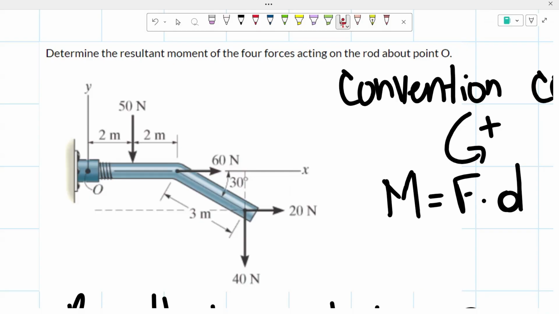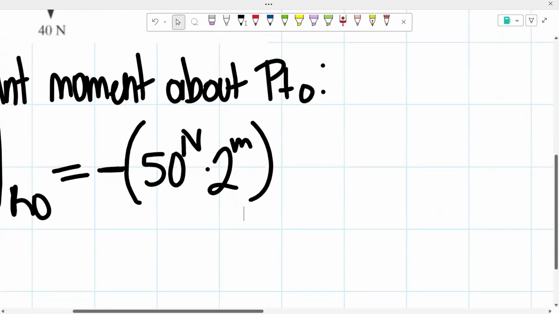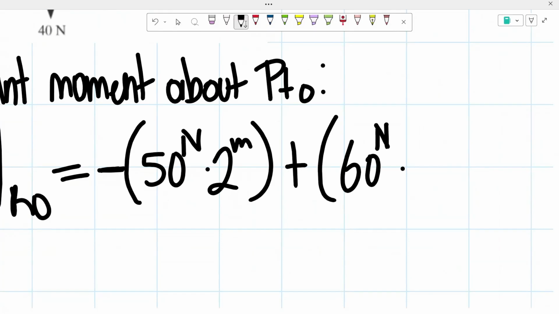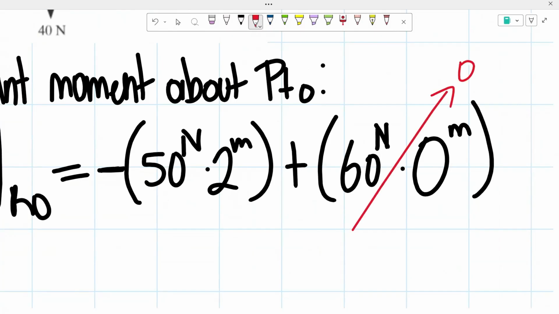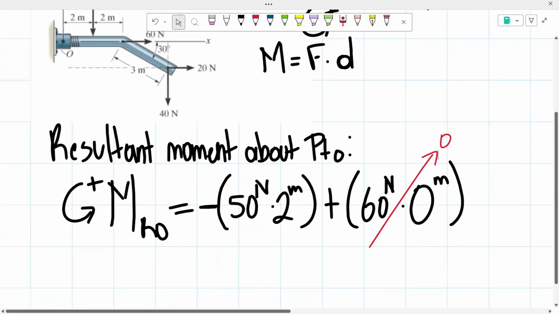But if you guys want to write it out, just to include it in your steps, this is how you would do it. You would just write out plus, once again, our force, 60 newtons, times the distance, and this is where that distance will equal zero. So 0 meters. And as you can see, that will just simplify to equaling zero because we don't have to shift that up or down.